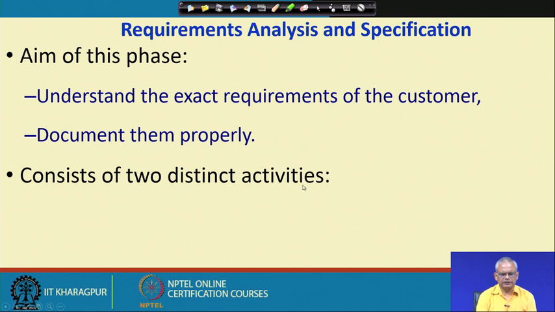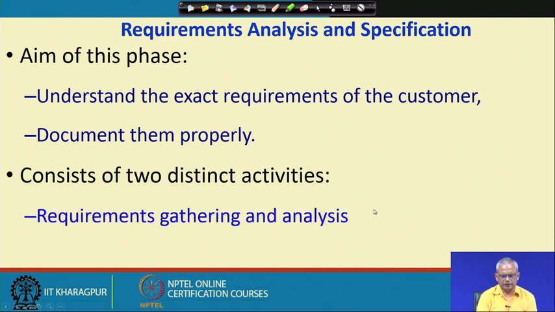As we can see from the name of this phase, there are basically two main activities. One is the requirement analysis and the other is requirement specification. So, the first activity is requirements gathering and analysis, the second activity is requirement specification.